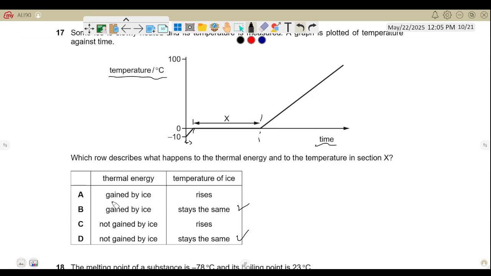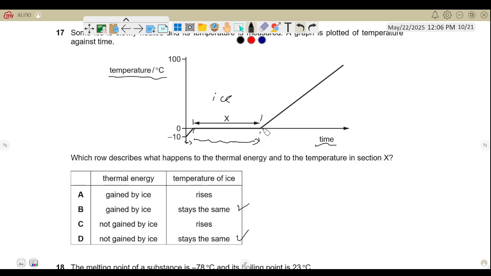Is the ice gaining thermal energy, or is it not gaining this thermal energy? For sure, moving from here to here is a period of time where the ice is being heated. So this thermal energy is either increasing the temperature of a certain object, or it's changing its physical phase. That means for ice here, it's actually changing from ice to water.